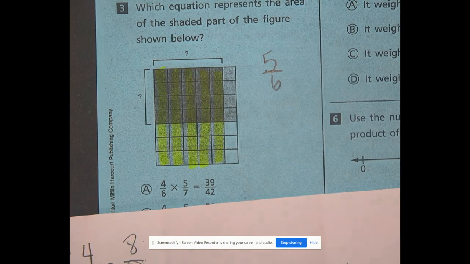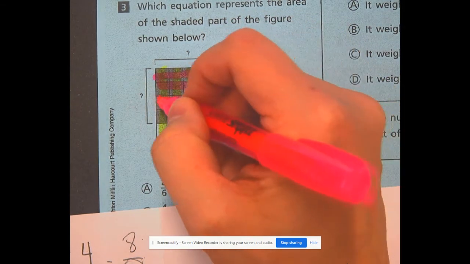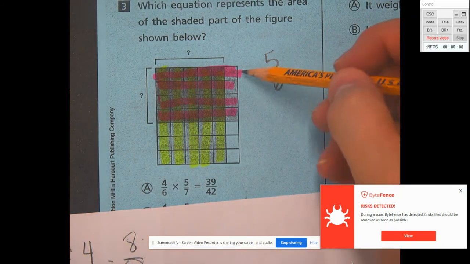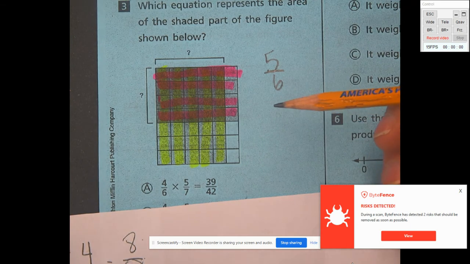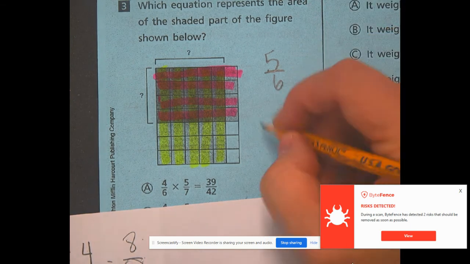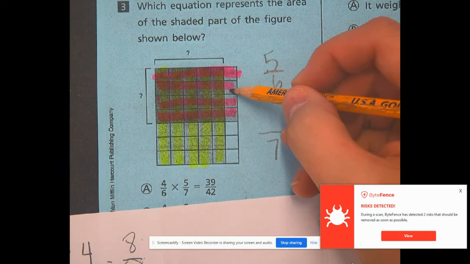Good. Then I'm going to take my second color and I'm going to highlight going in rows. How many rows do I have? It's cut into 7 rows. And how many of those rows do I have?